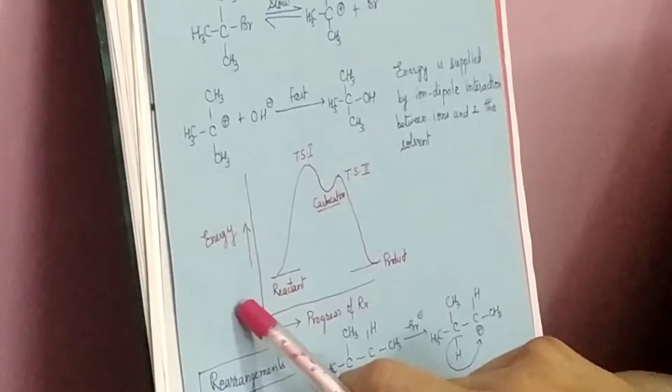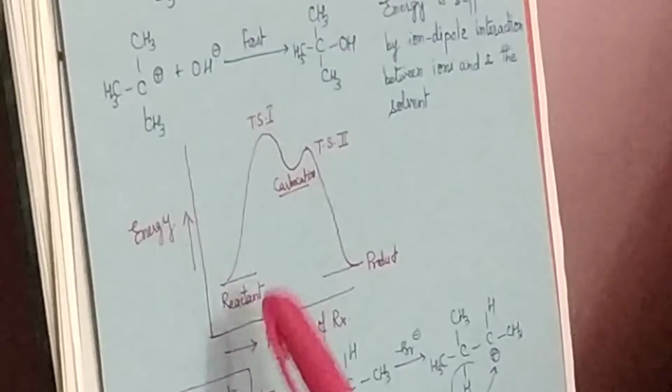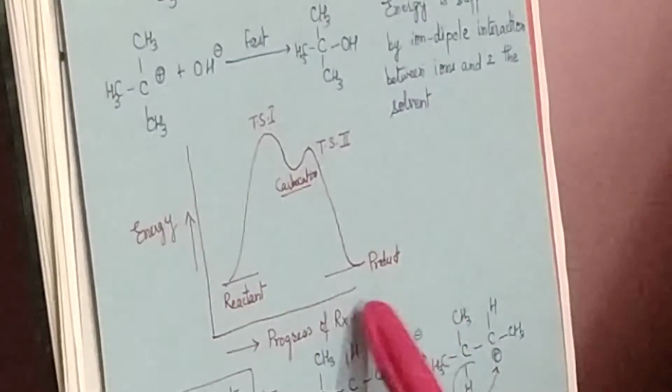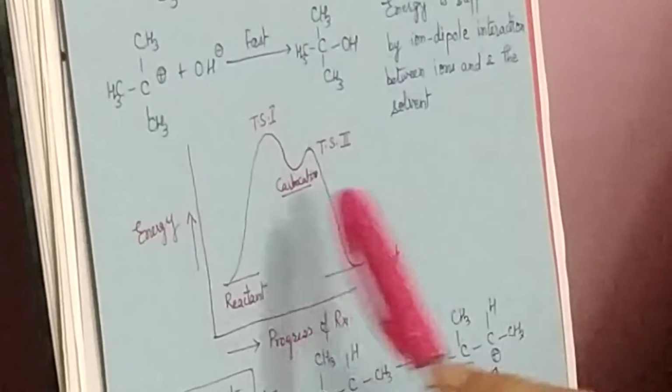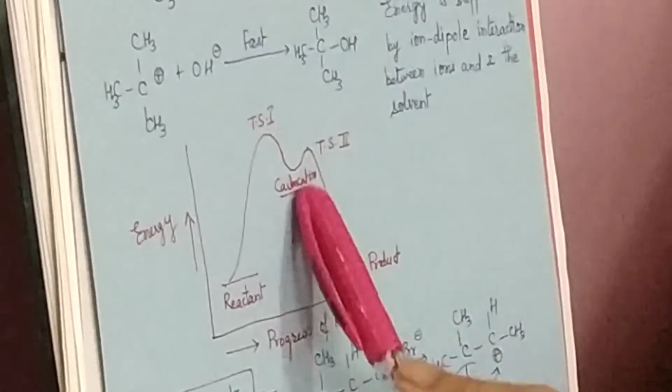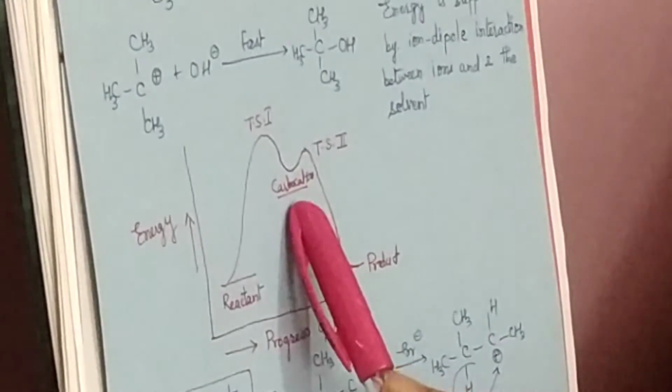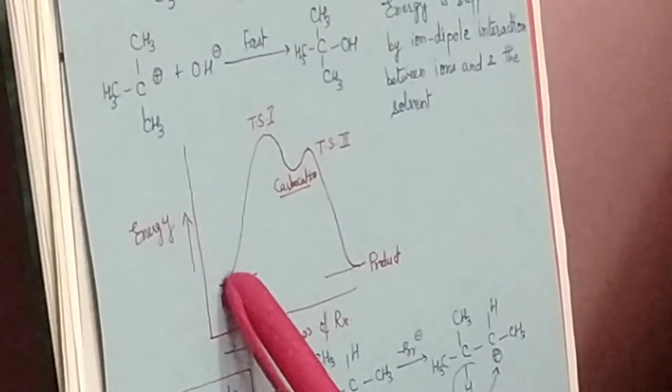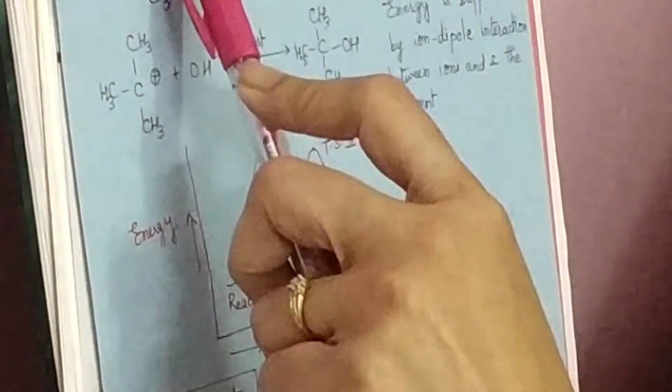Here we are taking energy on this side and progress of reaction on the x-axis, and reactant changes into product via this intermediate carbocation which is formed here. As you can see, the reaction proceeds in two steps.